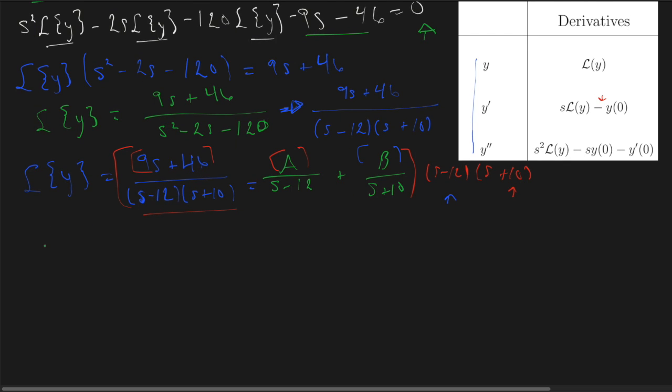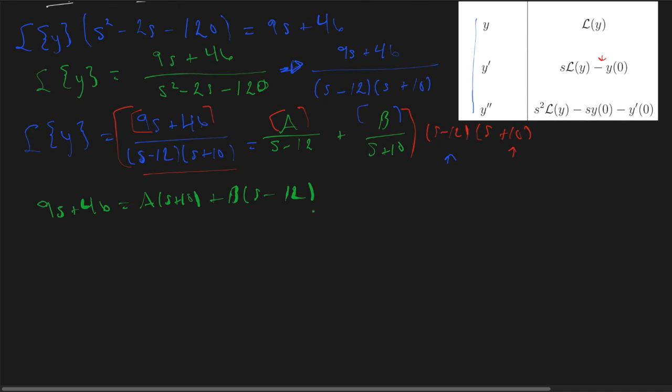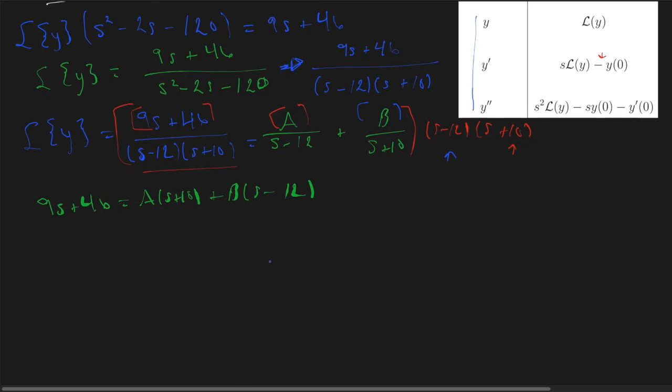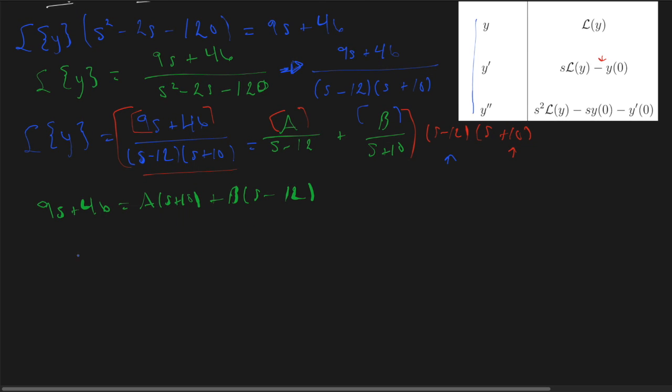So we're going to get 9s plus 46 is equal to A times s plus 10 plus B times s minus 12. And we can now use some algebra to get rid of one of these terms.